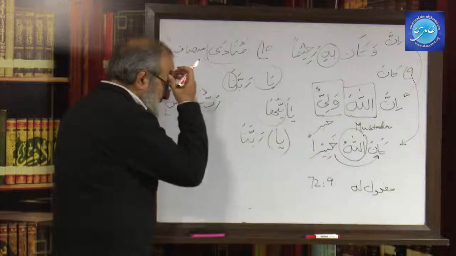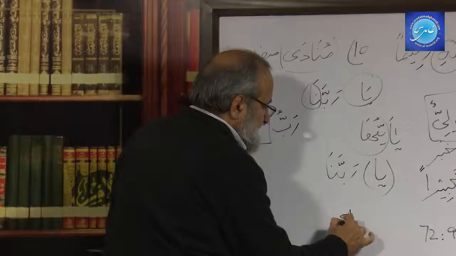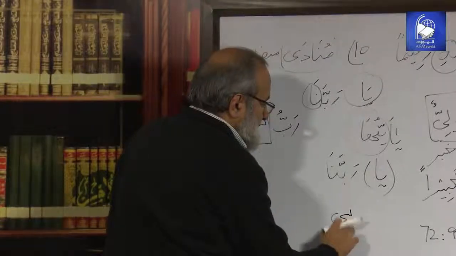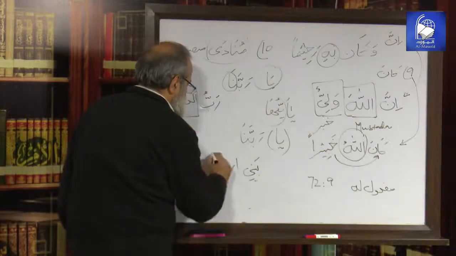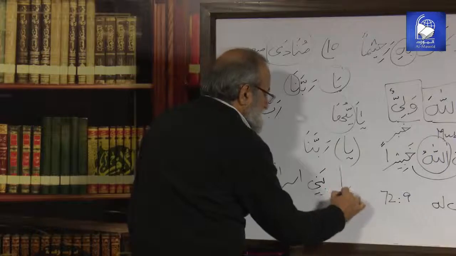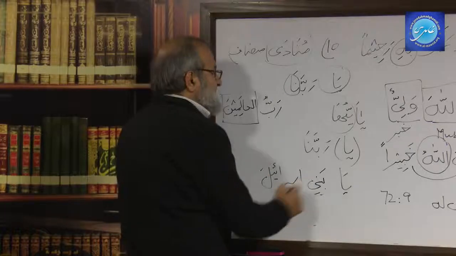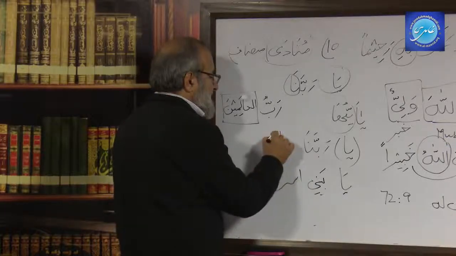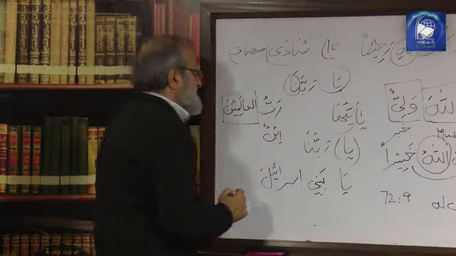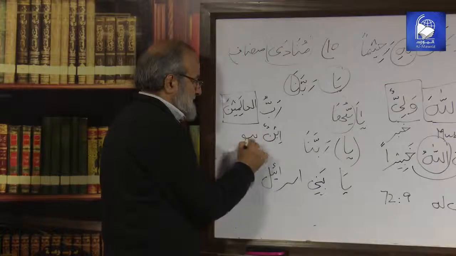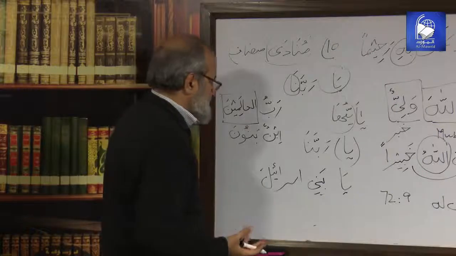A very interesting example of munada muzaf is what we quite often read in the Quran, Ya Bani Israel. Now, this Bani is in actual fact from Ibnun, which is son. Its plural is Banuna, which means many sons, more than one.